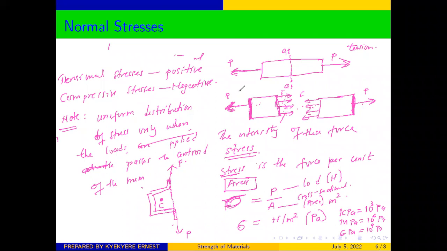And so we refer to it as the normal stress or the direct stress because the load is perpendicular to the cross section of the bar. This brings us to the end of our lecture.